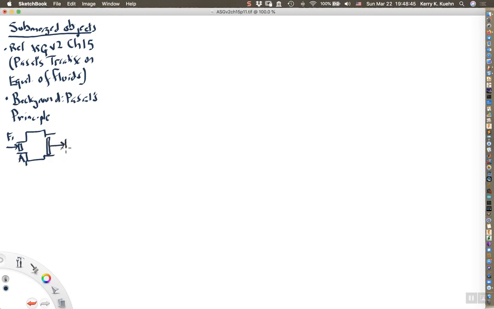So there's an output force on this piston, F2, the area is A2, and Pascal's principle says that there's a specific relationship between these. Force 1 over A1 is equal to force 2 divided by A2.